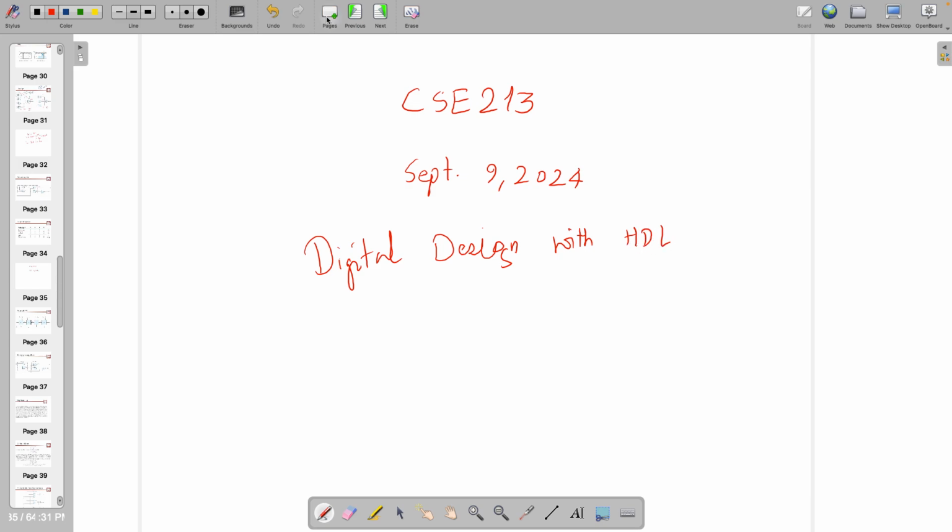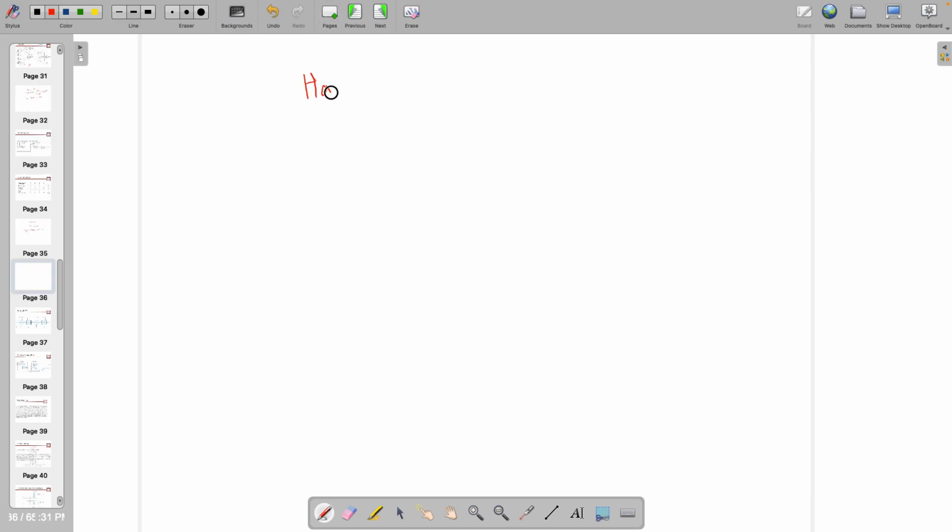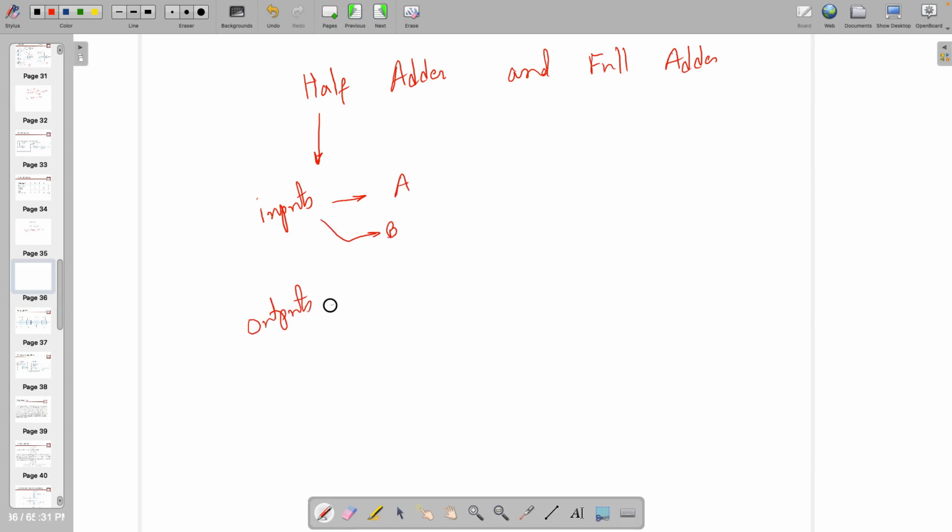So we are talking about half adder and full adder. Half adder is the one where there are two inputs, maybe A and B, and it has two outputs, sum and carry.